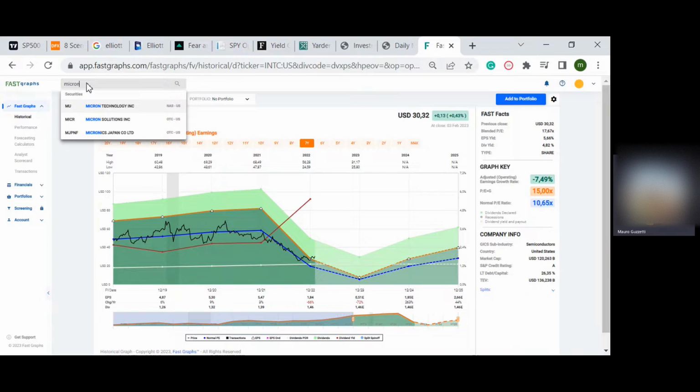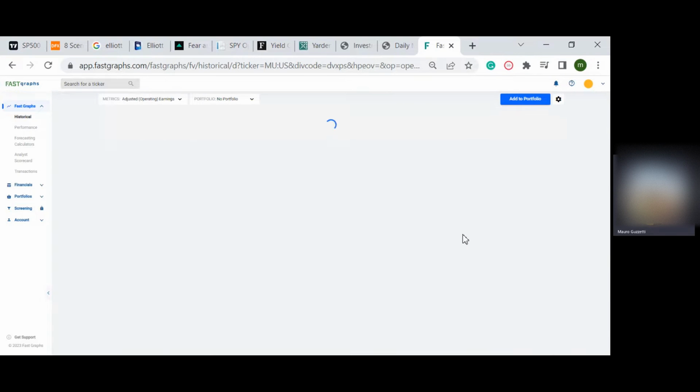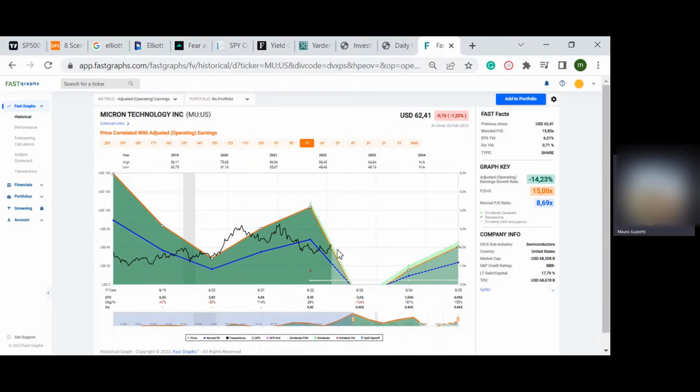Even scarier than that, Micron: earnings expected to go down all year, but the price is at a high level. This is even probably worse than Intel, because there the company was overvalued but earnings were expected to go up. Here it's expected to be a bloodbath.